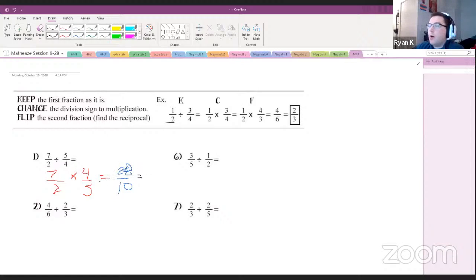Okay, so if you pulled out a 2 from each one, you would have 2 times 14 and 2 times 5. You got rid of the 2, you had 14 over 5, and then you said that 5 could go into 14 2 times and have a remainder of 4/5, right? 2 and 4/5. I agree. I think that's your final answer, 2 and 4/5.